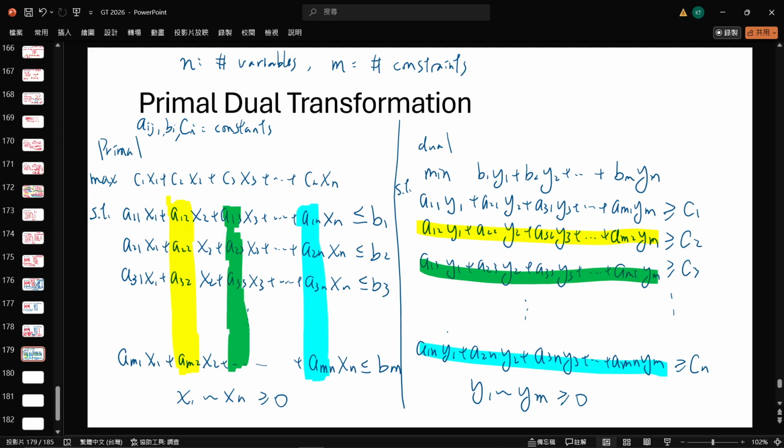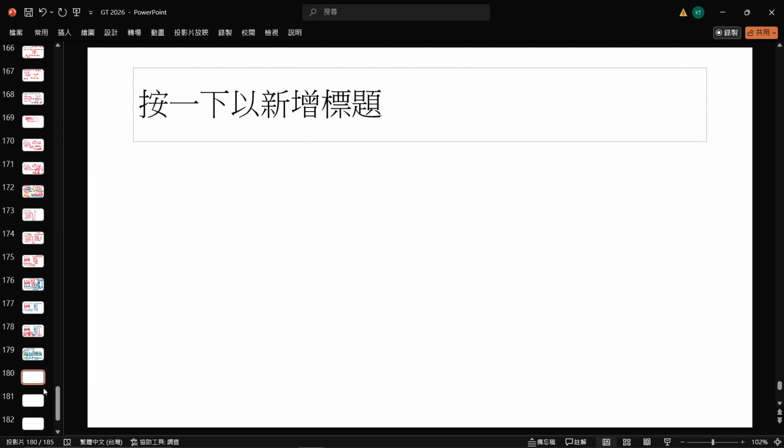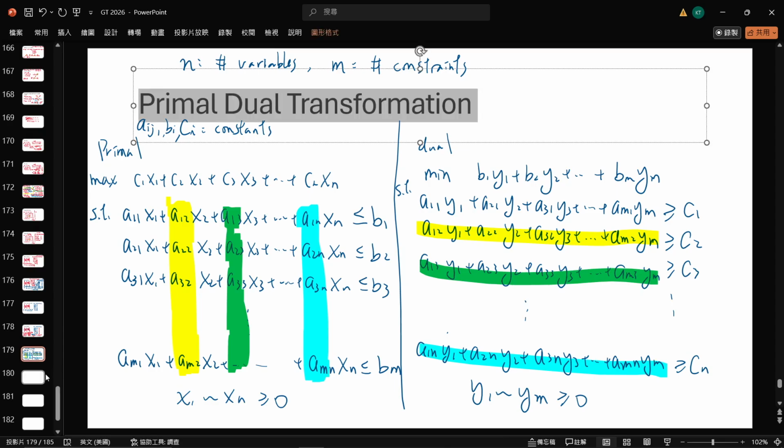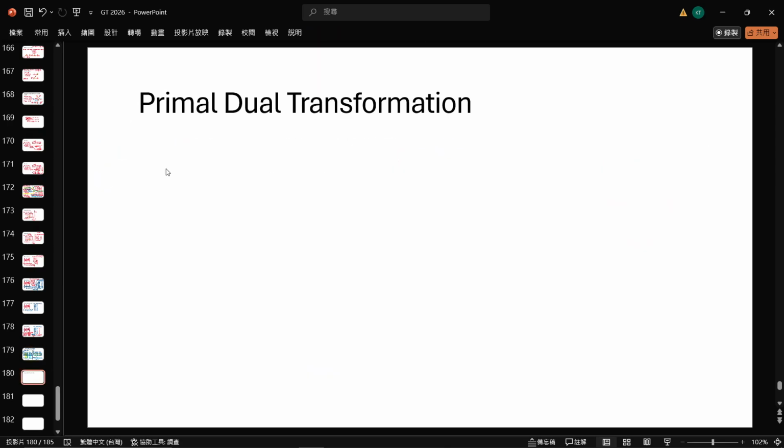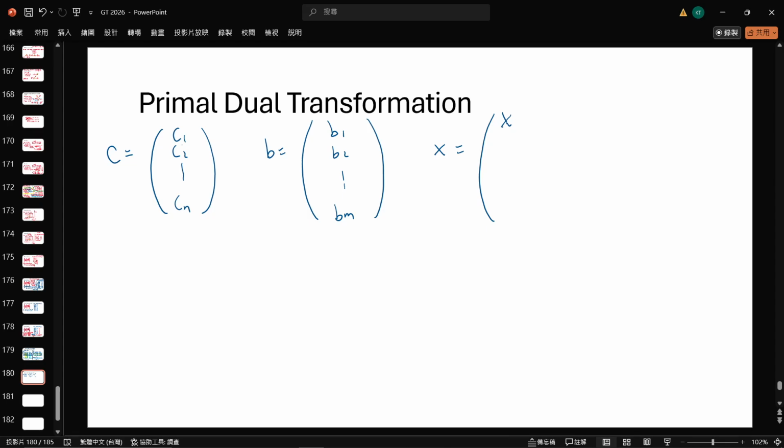If you Google primal-dual transformation, you're probably going to see a more compact representation like this. We have a vector c, which is just c1, c2 up to cn, we have the vector b, and we have the variable vector x.